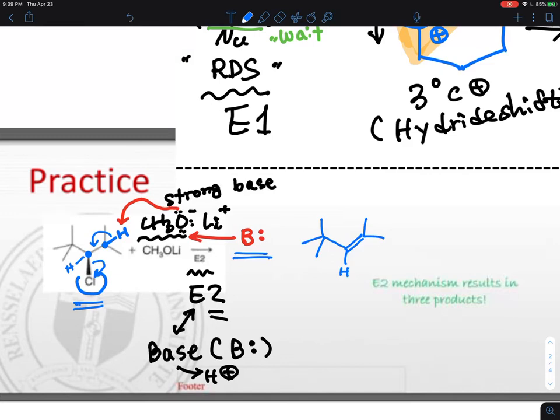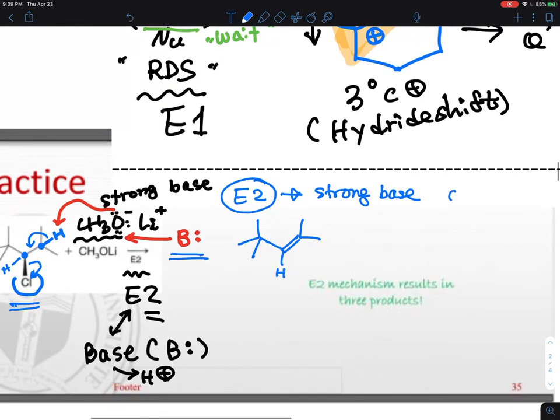Okay, so this is your case of the E2, and E2 means you need a strong base. And here's an example, CH3O minus. Strong base and strong nucleophile go side by side. Another example is the hydroxyl group. These are the strong bases. They love to take the H plus and then neutralize.